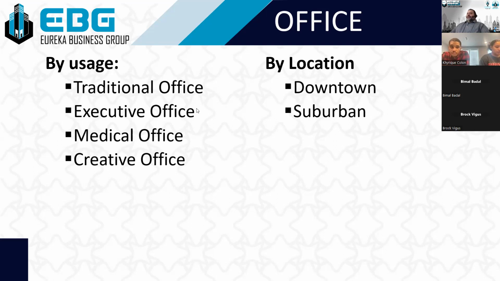In terms of usage, you have a traditional office, executive office, medical office, and creative office. This is where in the last 2 years we've heard about WeWork and stuff like that. Instead of me going out and finding an office space that fits my needs, and then having to furnish it, get my own utilities, my own internet, my own electricity and so on, there's a building that's already got everything set up.